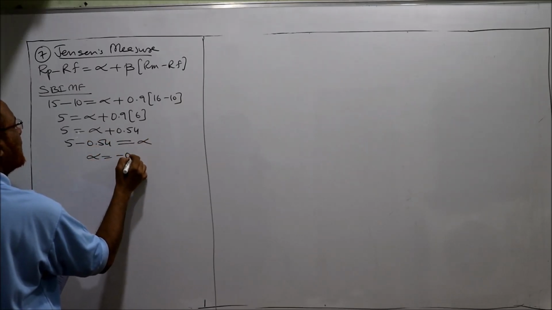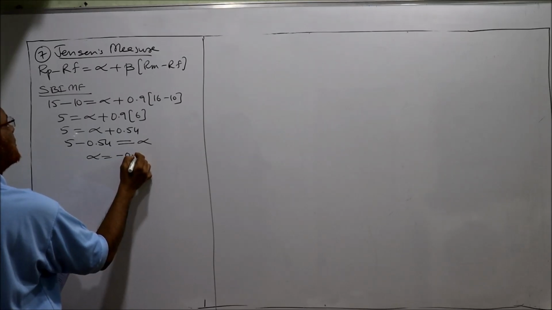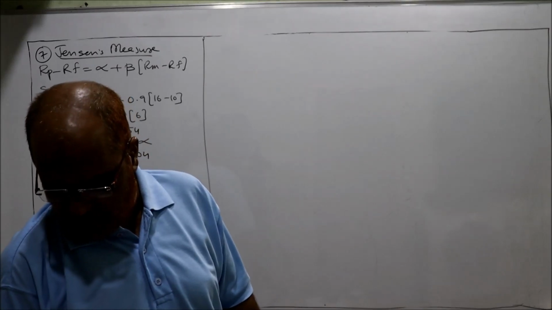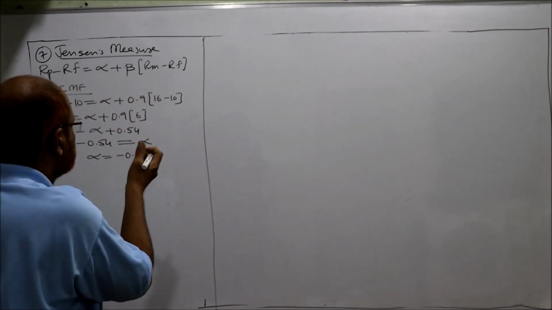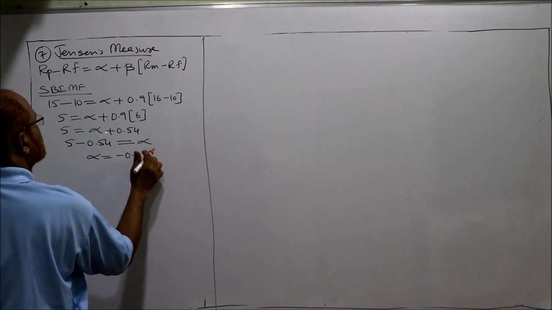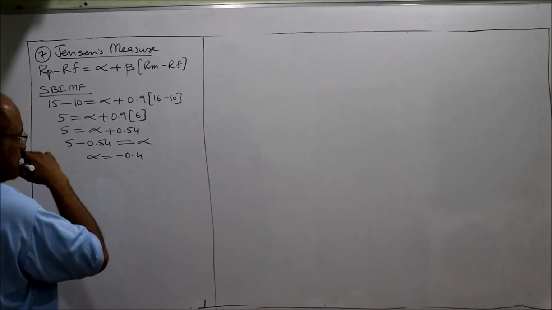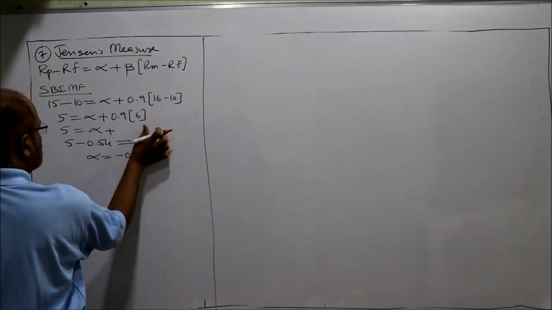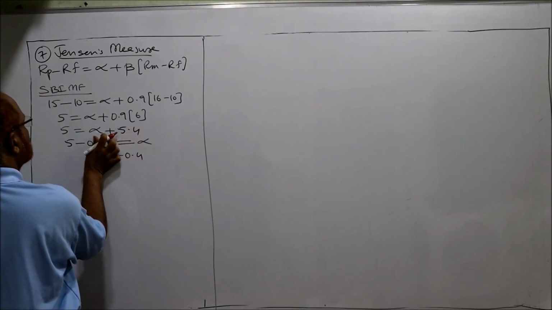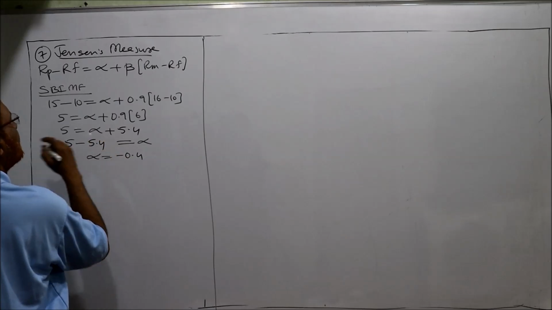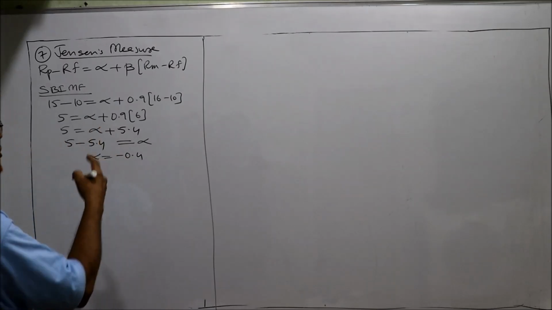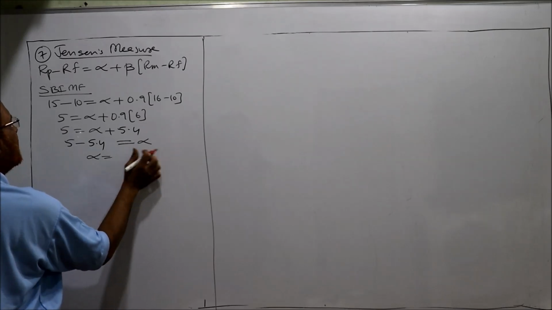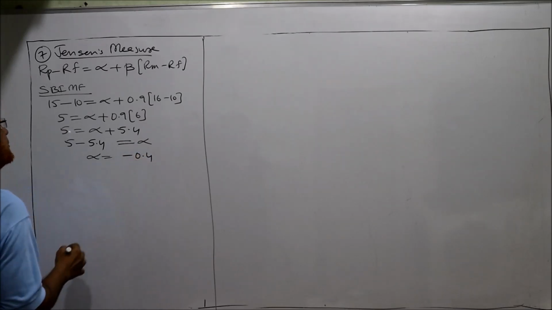Alpha is equal to minus 0.4. 6 into 0.9 is 5.4. So ultimately the answer is minus 0.4.